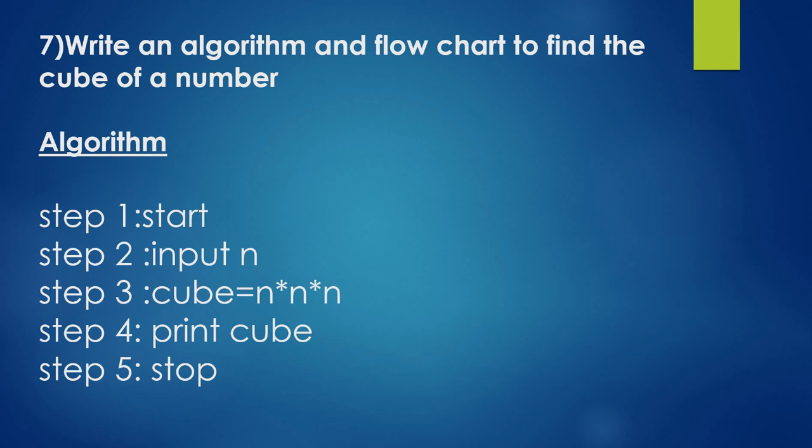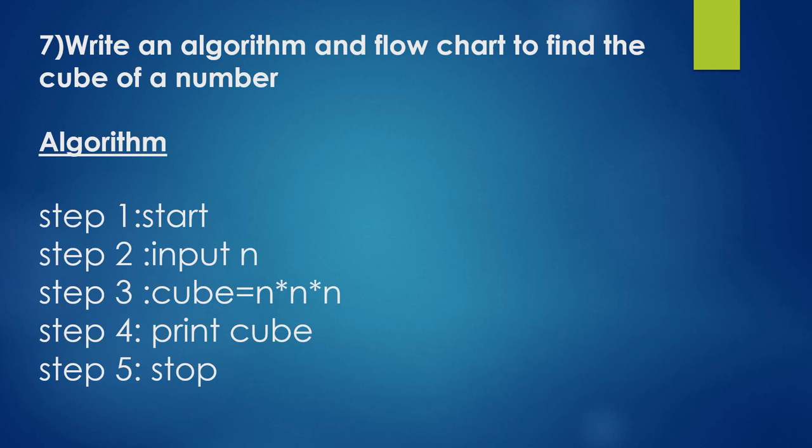One more algorithm. Write an algorithm and flowchart to find the cube of a number. What is a cube? What is the meaning of a cube? A into A into A. What is the value of 2 cube? 2 into 2 into 2.